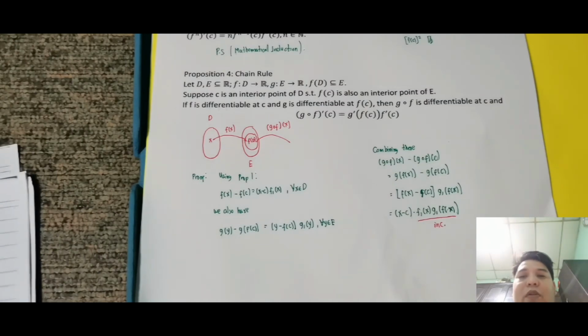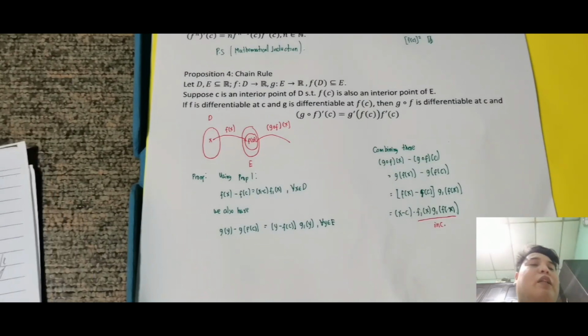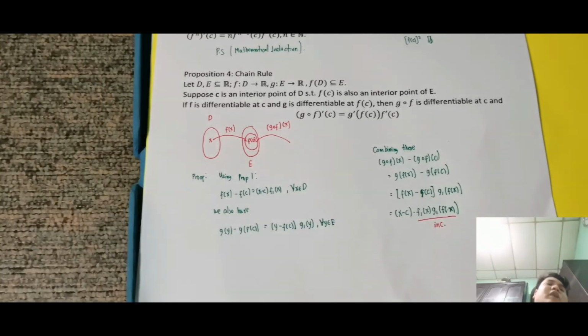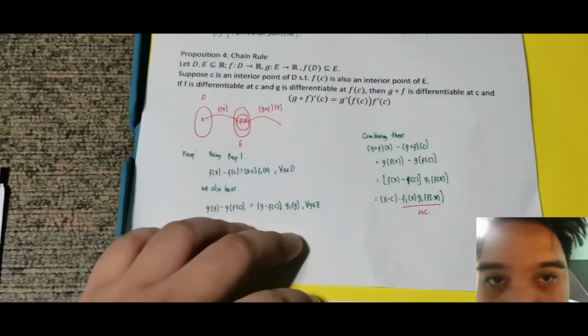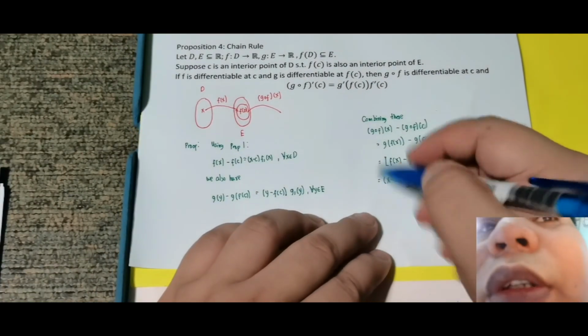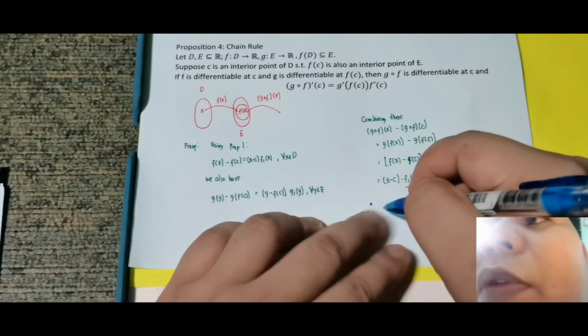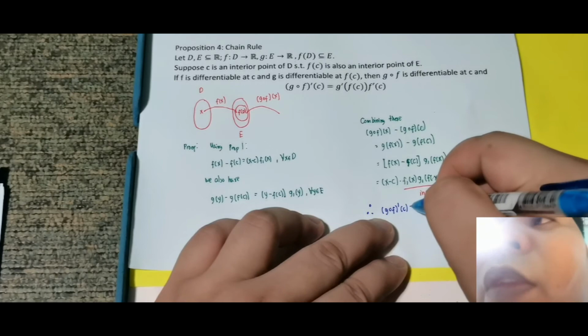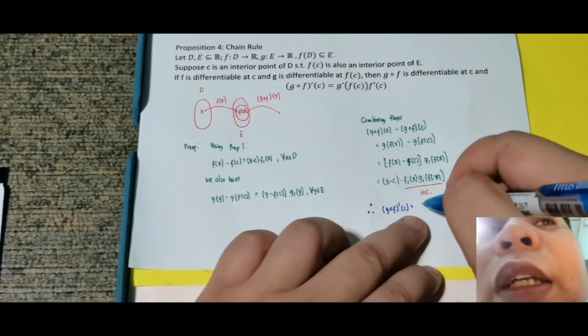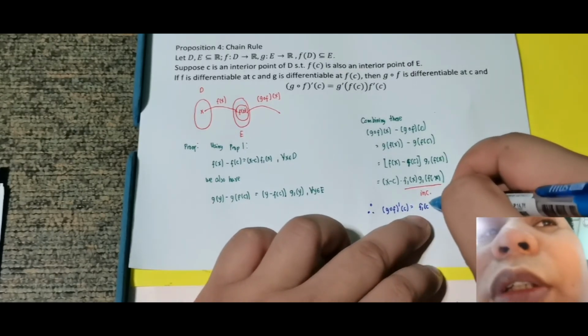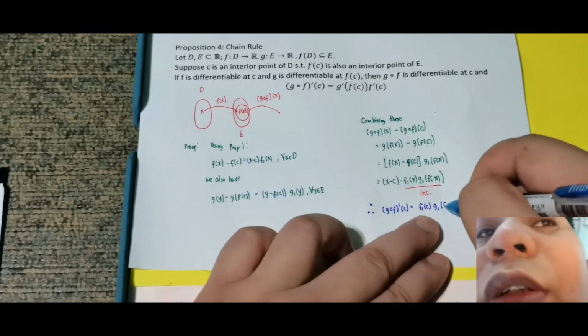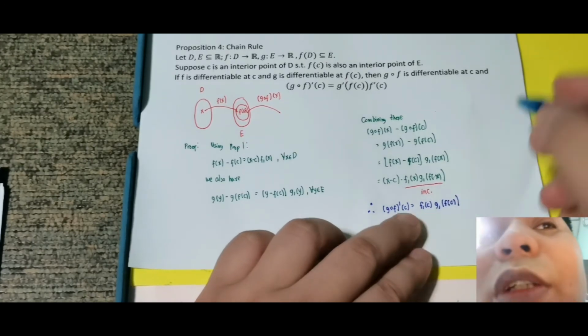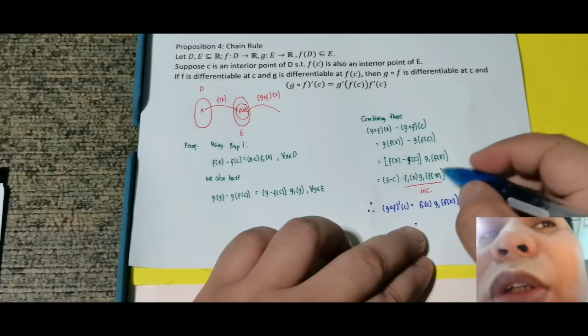Therefore, we can take its derivative. So the derivative of g circle f at c is just equal to the increment: f sub 1 of c, g sub 1 of f of c, in which we replace the g sub 1 with g prime.